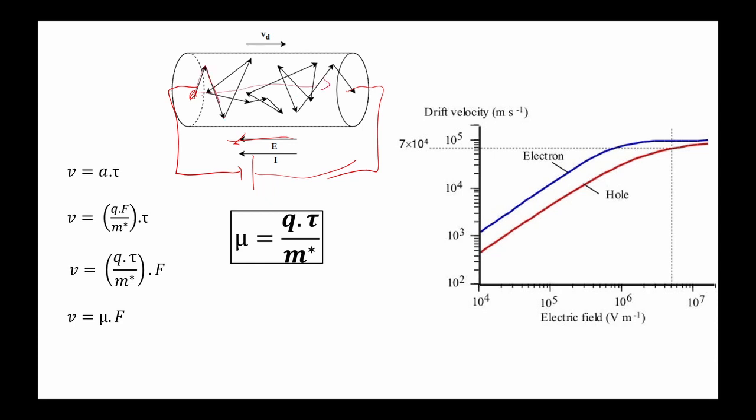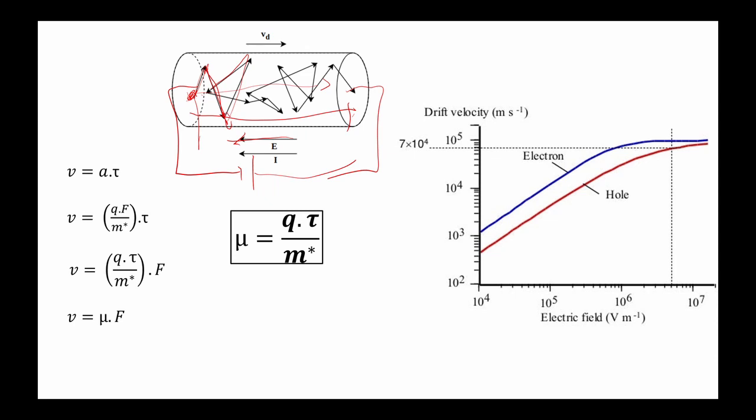It will collide with the various nuclei, and there will be a certain displacement of the electron. Suppose there was an electron, it moved here and then it collided with a nuclei, and then it moved here.